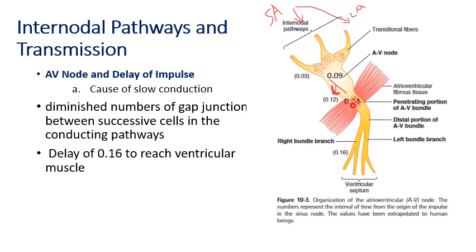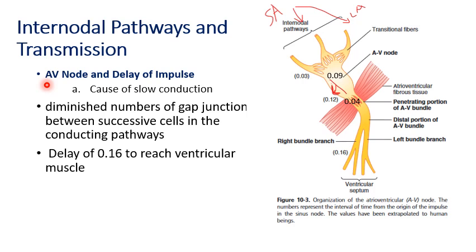These fibers are called the penetrating portion of the AV bundle. And then we will have a segment of the conductive fibers called the AV bundle, the distal portion, which branches into the right bundle branch and the left bundle branch inside the ventricular septum.